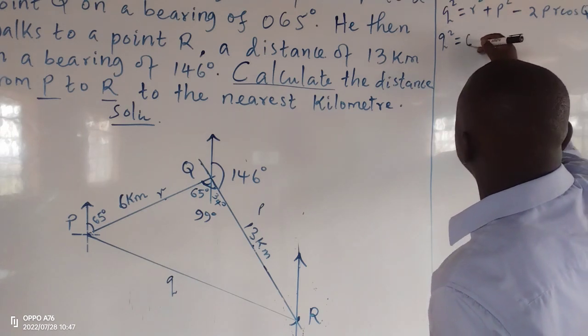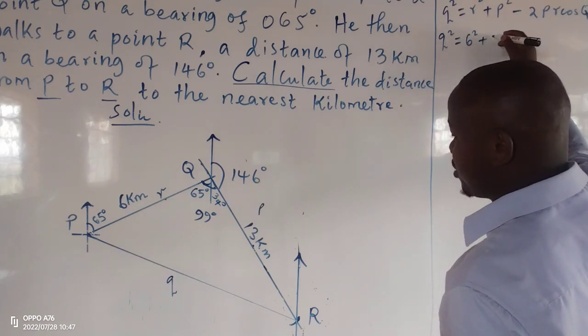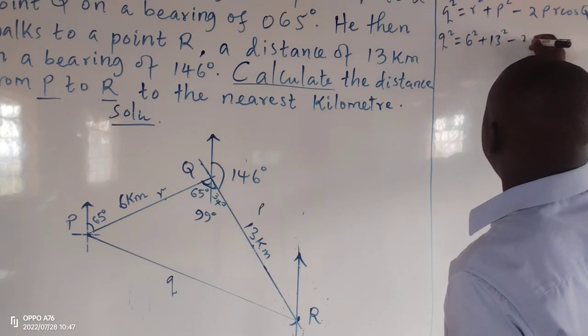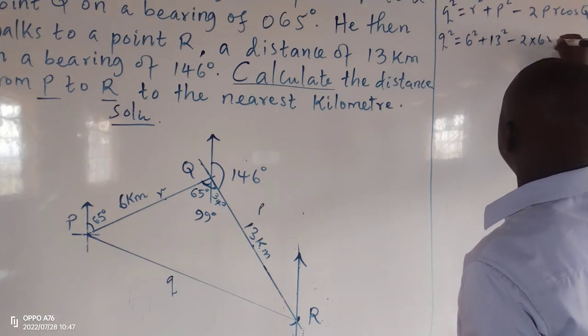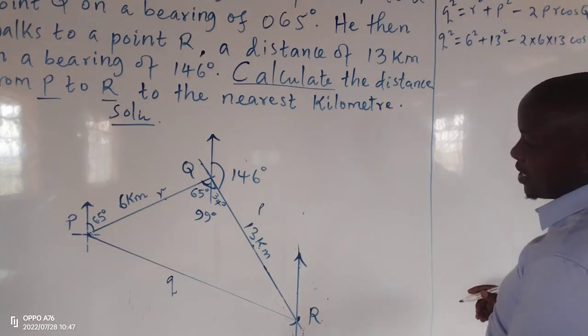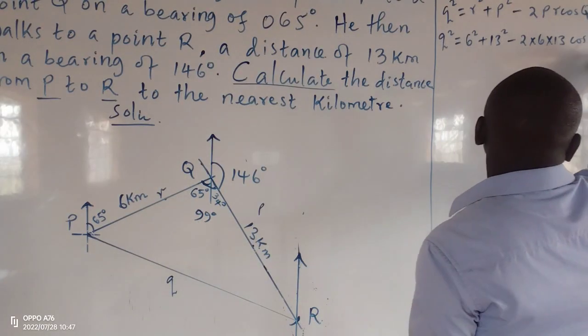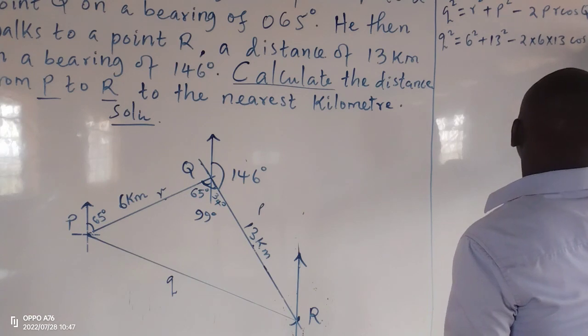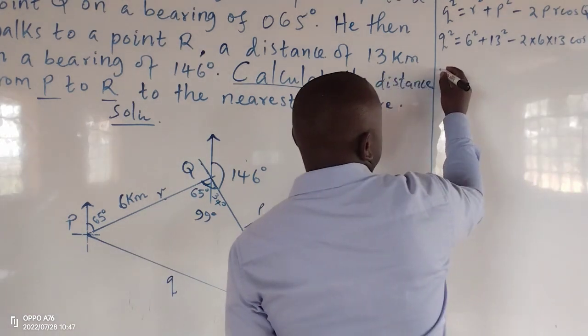So we're going to have 6 squared plus 13 squared, minus 2 multiplied by 6 multiplied by 13, the cosine of the angle at Q, which is 99 degrees.